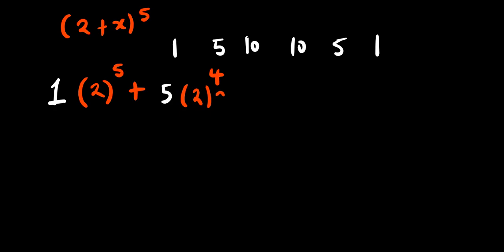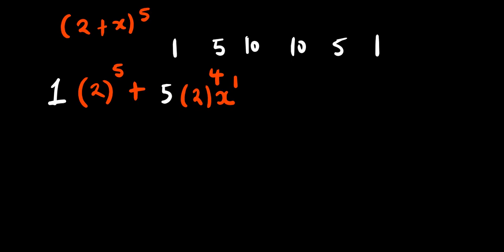Then you introduce x. This x is going to have a power of 1. Make sure that as the powers of the constant are reducing, the powers of the variable are increasing. And make sure that the powers are always adding up to 5.